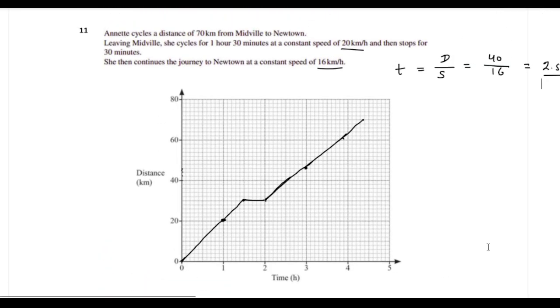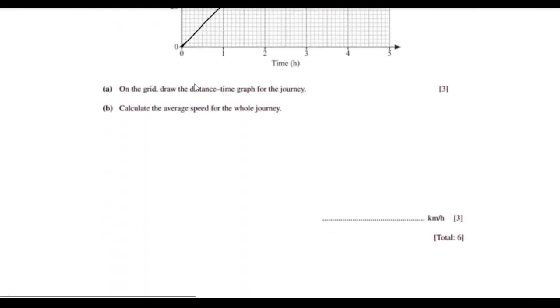So for average speed, I will first find the total distance. The total distance is 70 kilometers, and what is the total time?